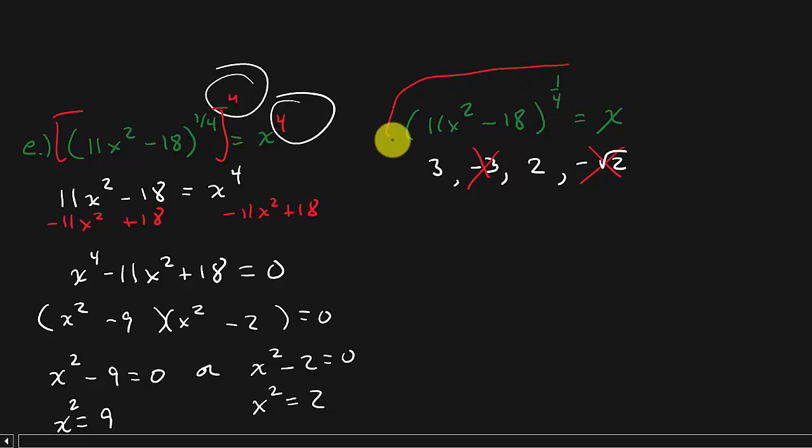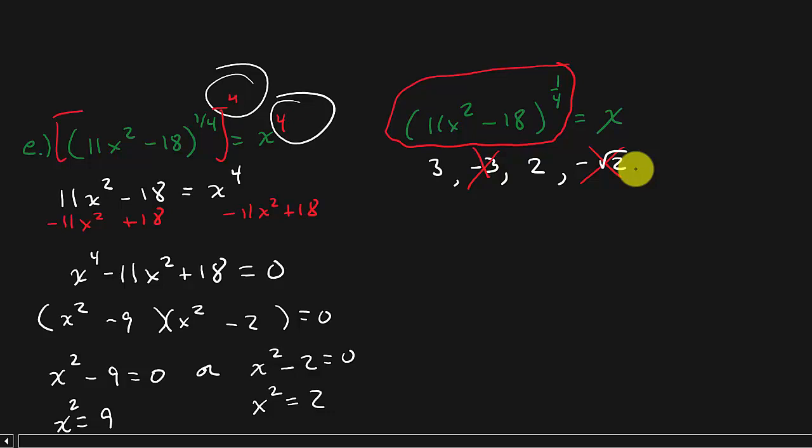So if this side over here is always positive, then there's no way it's going to equal a negative number. See, I would have to plug the -3 into both of them right there. You see that? And so this would never equal -3. This side would never equal negative square root of 2.